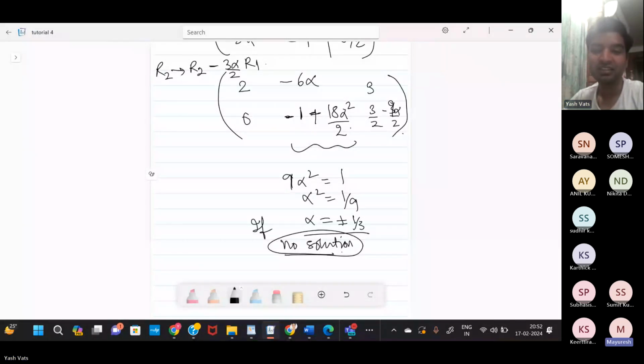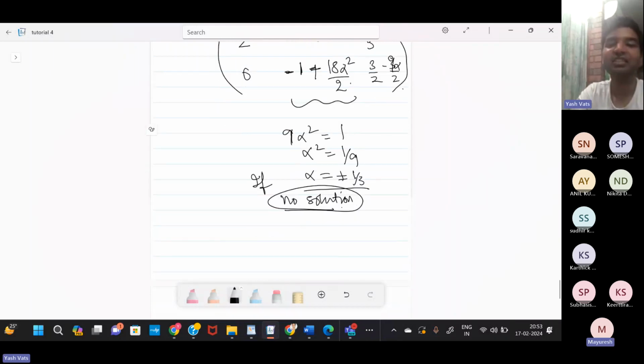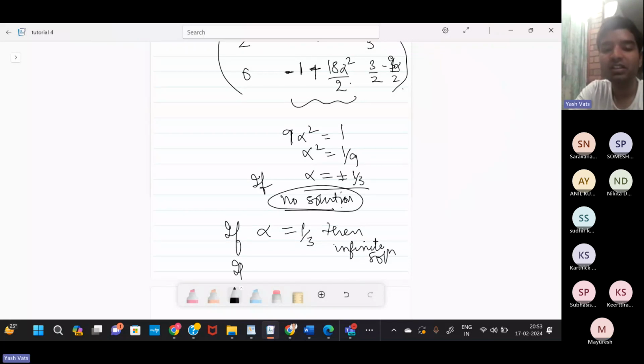Like, I can put any value of x1 and x2 and solve it. If alpha is 1 by 3, then definitely it's infinite solutions. I should be precise: if alpha is 1 by 3, then infinite solutions. If alpha is minus 1 by 3, then no solution.